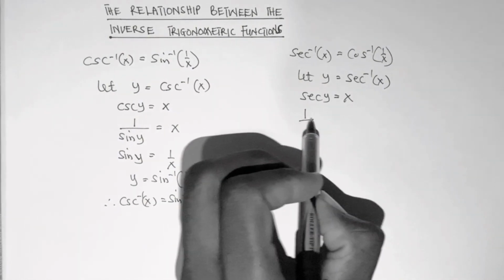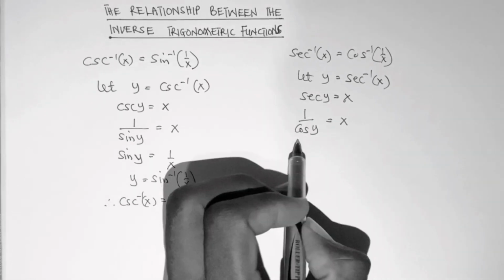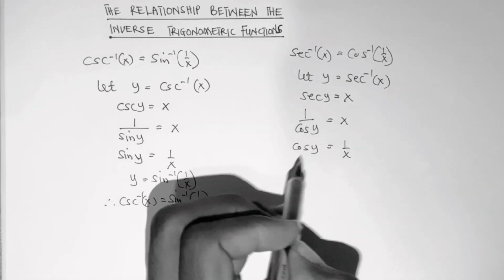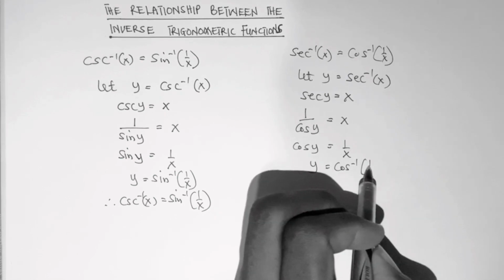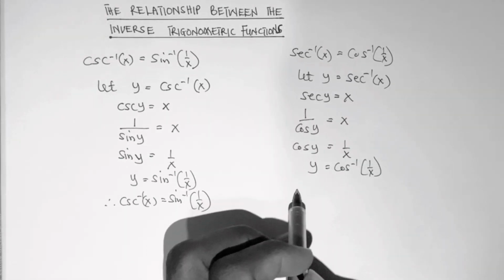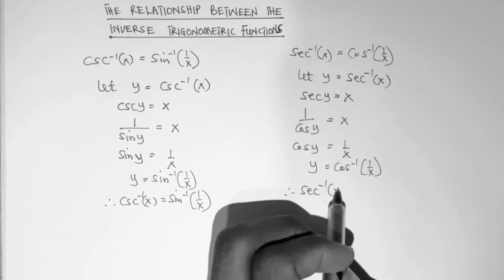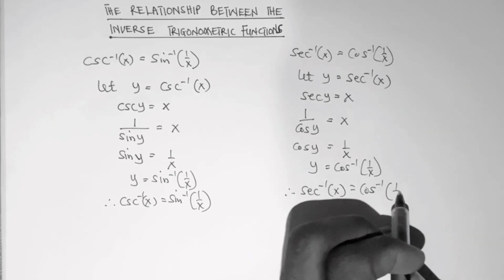So 1 over cos y is equal to x, and therefore cos y is equal to 1 over x. So y is equal to cos inverse of 1 over x. Y is the same as sec inverse of x, and therefore sec inverse of x is equal to cos inverse of 1 over x. So we have established two proofs.